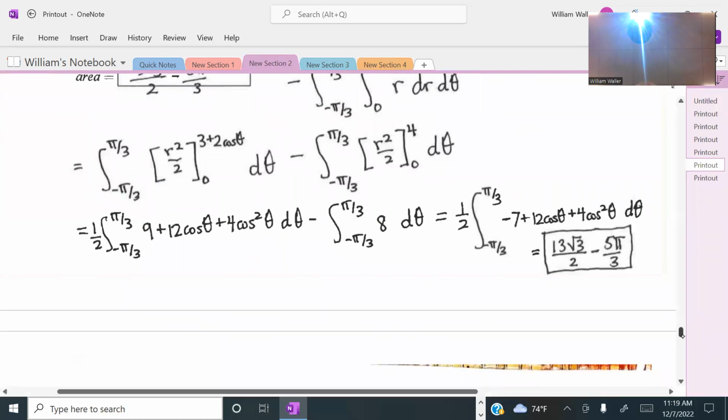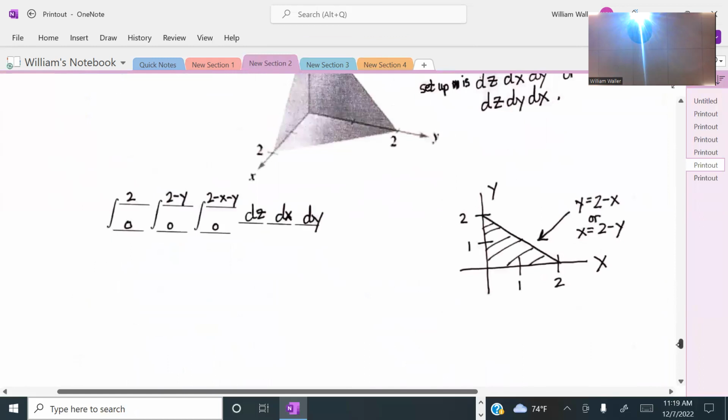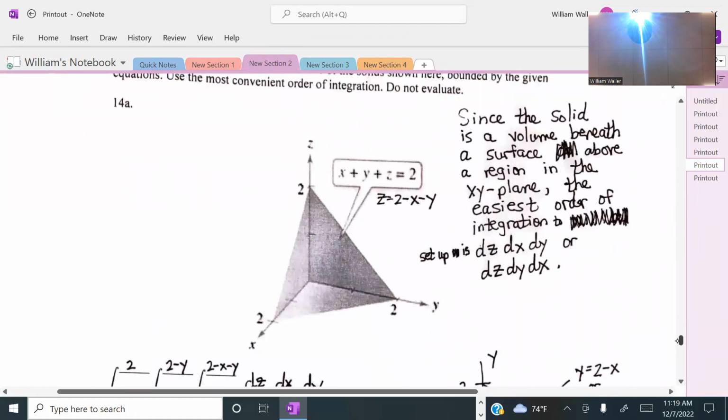But anyway, at the end of that sample test number 3, there are two problems on setting up triple integrals. It gives you a little bit of a hint on how to set them up, or at least what's required to set up triple integrals easily. It says we're looking for the volume of a solid that's beneath the surface down to the xy plane.